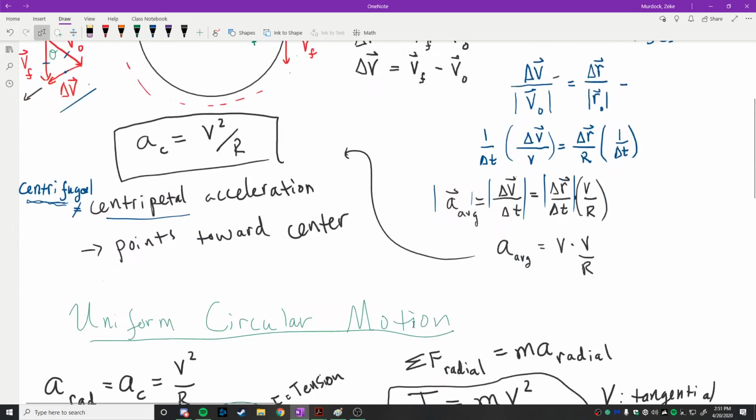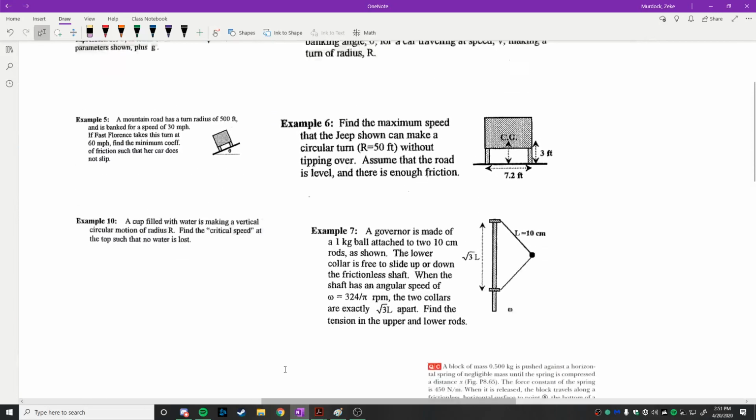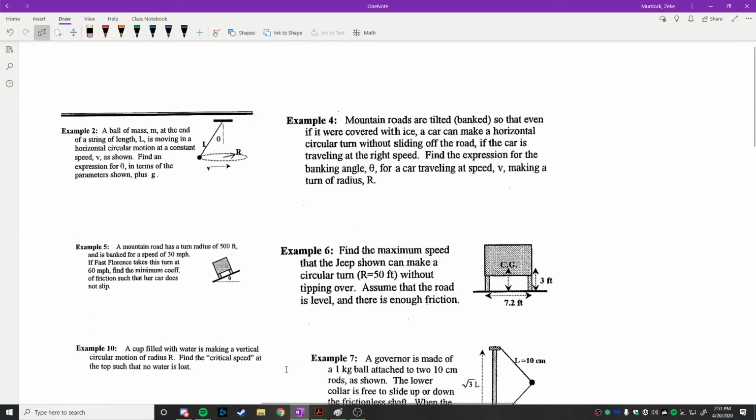Let's do a problem and talk about how we analyze these things. I want to start with, we're going to do 4 and 5 first. So we're going to do this one first.